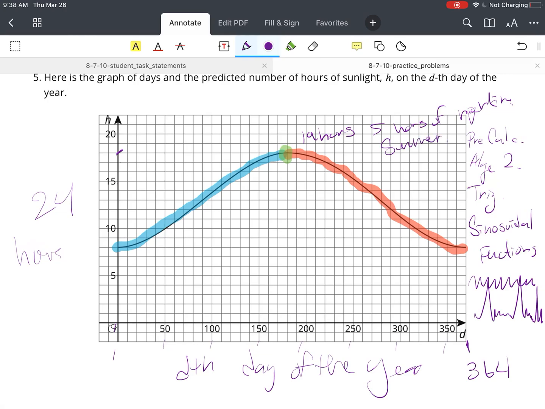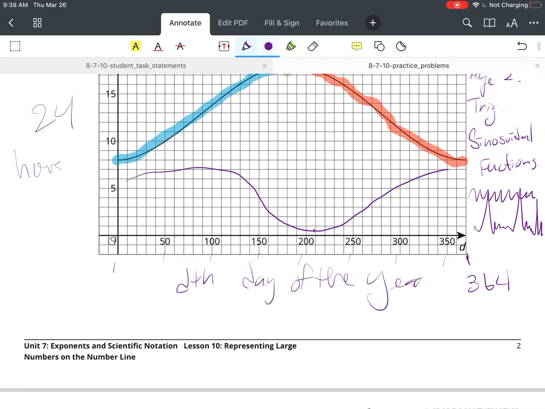During the summer. That's when the earth is tilted in a way where we get a lot of sunlight, and that's why it gets hot during the summer. On the other side of the world, it actually looks like this. They're getting very little sunlight.